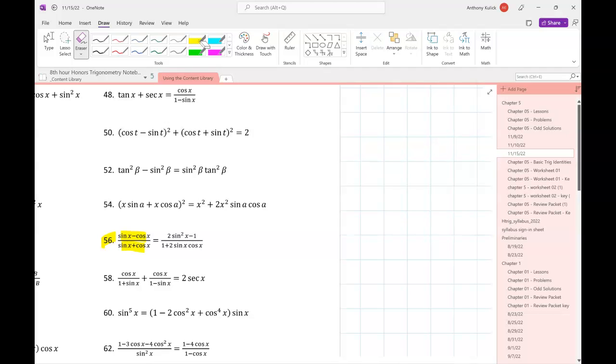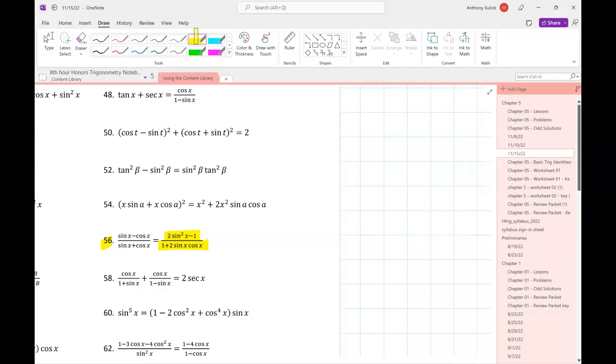I meant multiply the top and bottom by sine x plus cosine x, or multiply the top and bottom by sine x minus cosine x, right? It's which one do I want to make the perfect square with, the numerator or the denominator? To make a guess as to which one I'd want to look at, I'm going to look over here. Which one of those two looks the most like a difference of 2 squares?